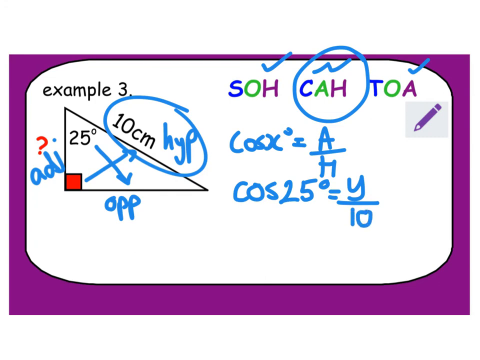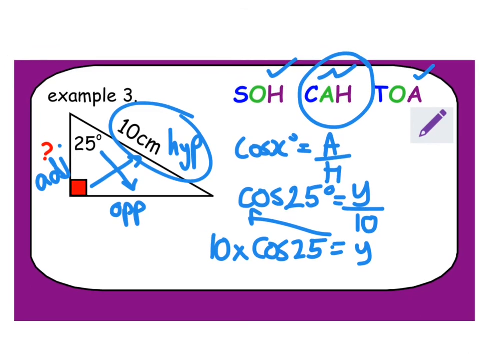Divide by 10 on the right hand side becomes a times by 10 on the left. So 10 times cos 25. And if you type that into your calculator, you will get Y equals 9.06, so 9.1 centimetres to 1 decimal place.